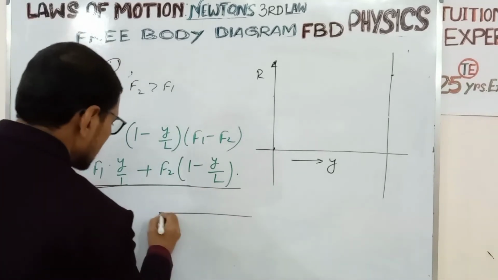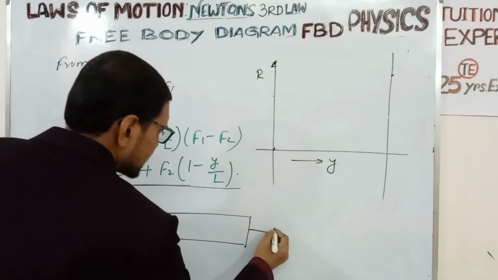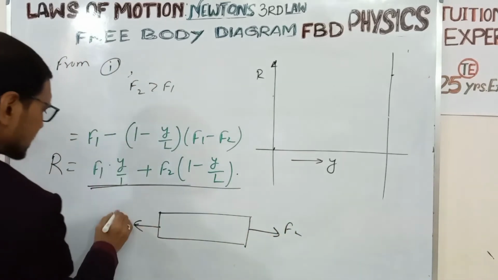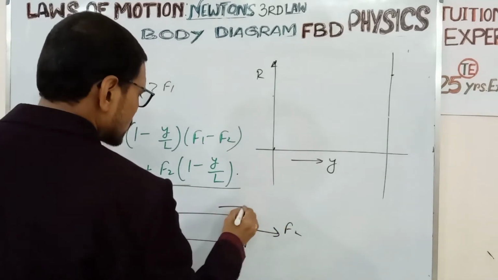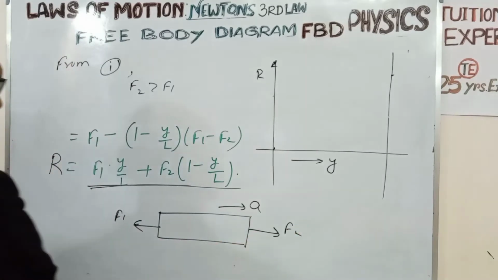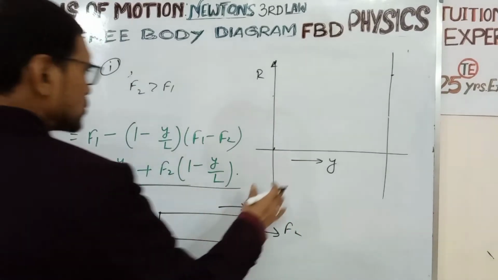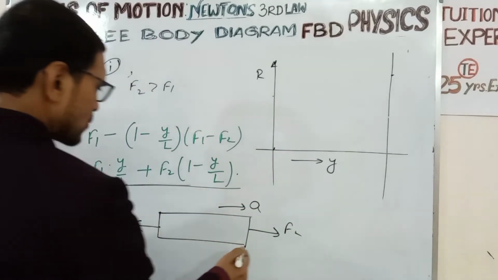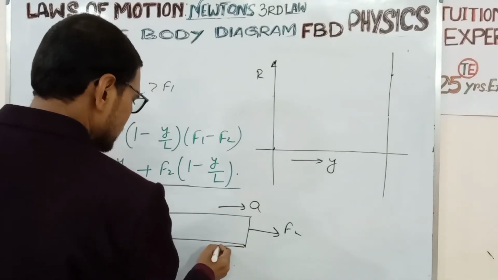Here we take F2 and F1. F2 is greater than F1, so the acceleration of the body is in this direction. F2 greater than F1.